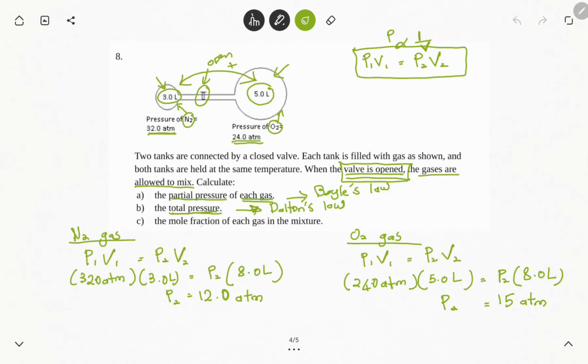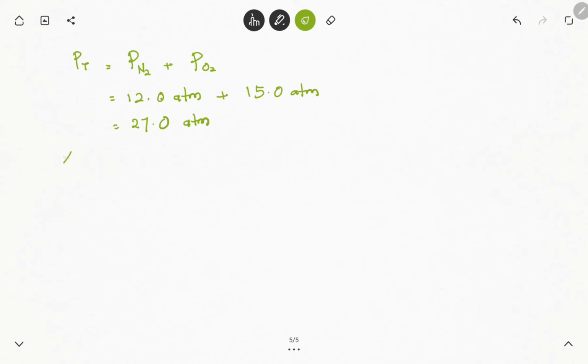For question C, we want to calculate the mole fraction of each gas in the mixture. What is mole fraction? The mole fraction of nitrogen gas is the number of mole of nitrogen gas over the total number of mole, meaning oxygen gas and nitrogen gas. But in this case, we don't have the number of mole of each gas, but we have the total pressure and the partial pressure of each gas.